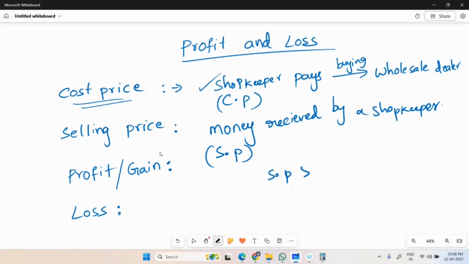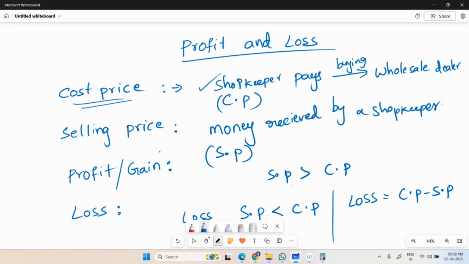If the selling price is more than cost price, the shopkeeper makes profit. Okay? If the selling price is lesser than cost price, then the shopkeeper suffers a loss. Then we write it as loss equals cost price minus selling price, whereas profit we write as selling price minus cost price.